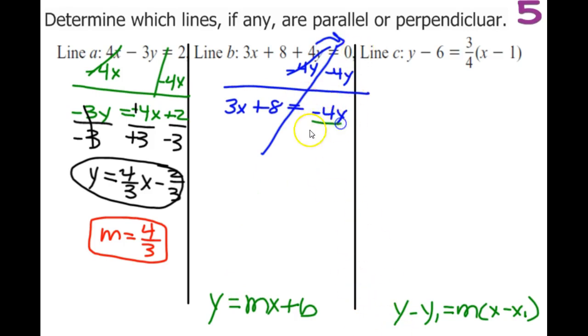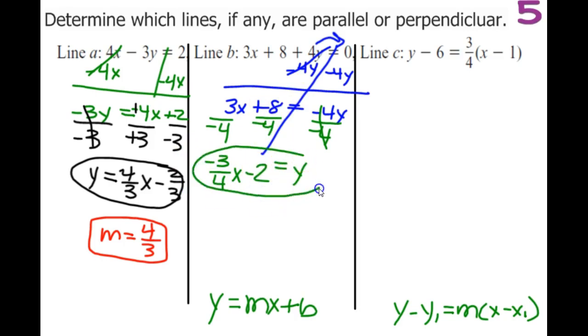So let's get y by itself, divide by negative 4. We have y equals negative 3 over 4x. Again, it doesn't matter if you put the negative on the top or the bottom, the answer is still negative. And here, 8 divided by negative 4 is negative 2. So our slope in this equation, in front of the x, is negative 3 over 4.